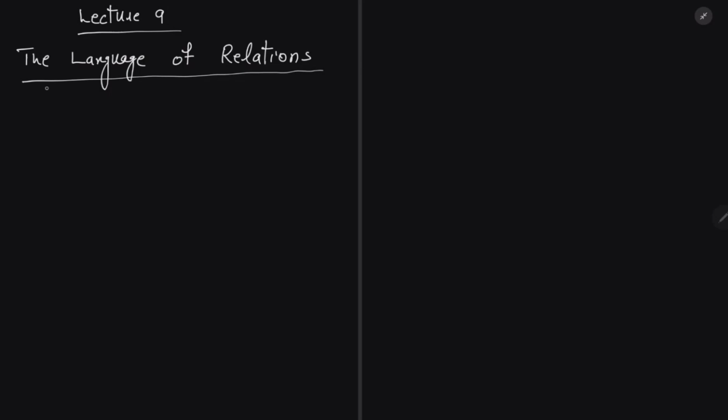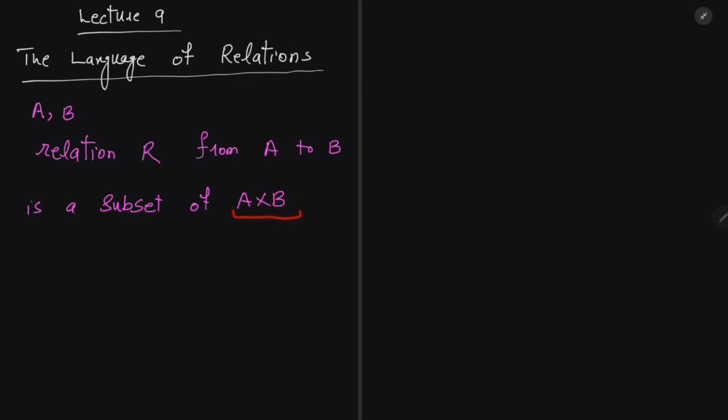Suppose we have two sets A and B. Then a relation, which we call R, from A to B is a subset of A cross B. Remember that this was the Cartesian product, which we already defined.